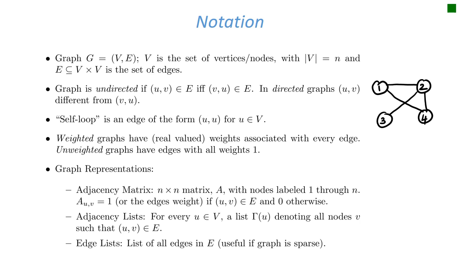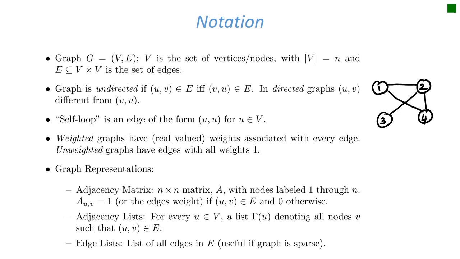So in an adjacency matrix, this is an n cross n matrix A with nodes labeled 1 through n. An entry A(u, v) is equal to 1 if (u, v) is an edge. Otherwise, it is 0. If the graph is weighted, then this value A(u, v) is actually the weight of the edge.